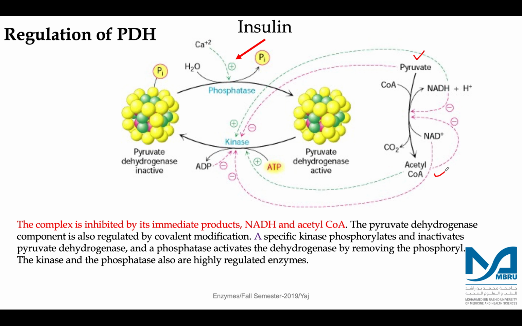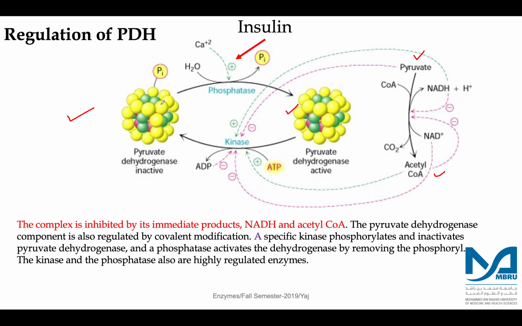Now, the pyruvate dehydrogenase complex exists in two forms: a phosphorylated form, which is inactive, and a dephosphorylated form, which is active.